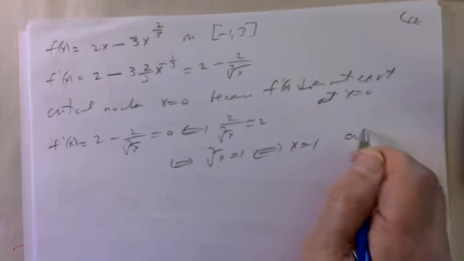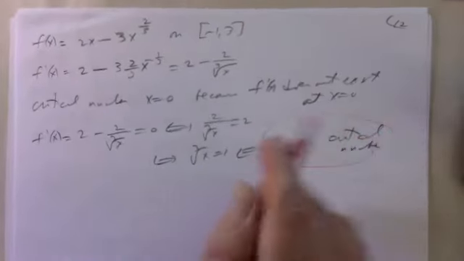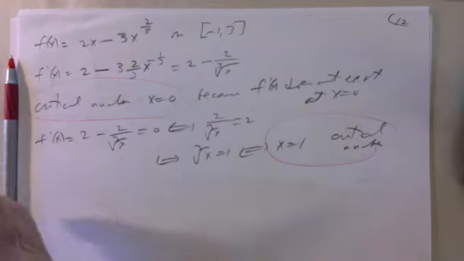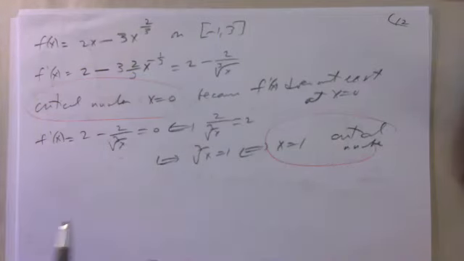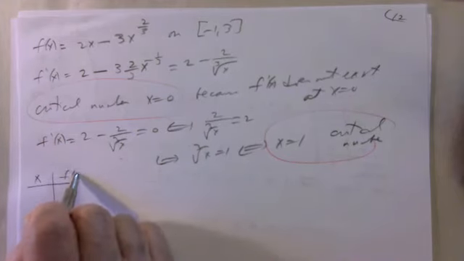So this is also a critical number. So this function has two critical numbers, x equals 1, where the derivative is 0, and x equals 0, where the derivative doesn't exist.